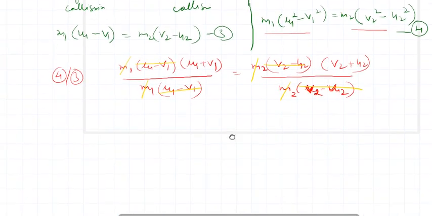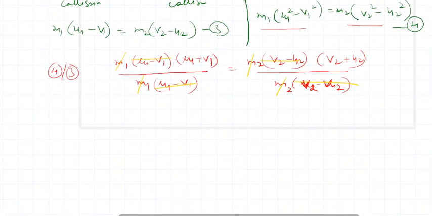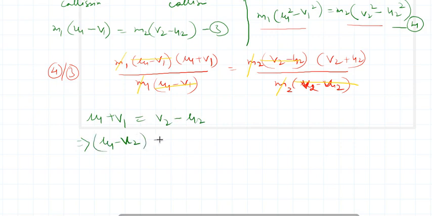So finally what I am getting is u1 plus v1 is equal to v2 plus u2, or in other words I can say that u1 minus u2 must be equal to, bringing this to this side and this to that side, minus (v1 minus v2).